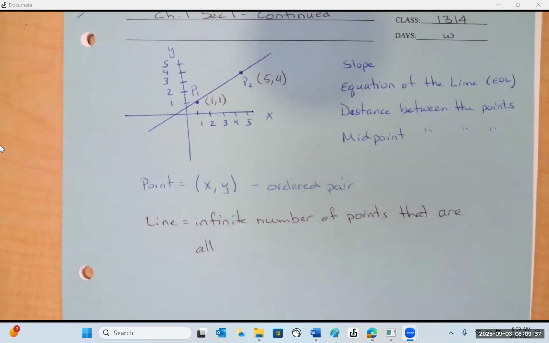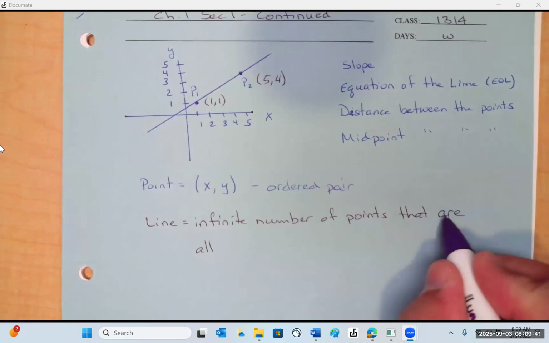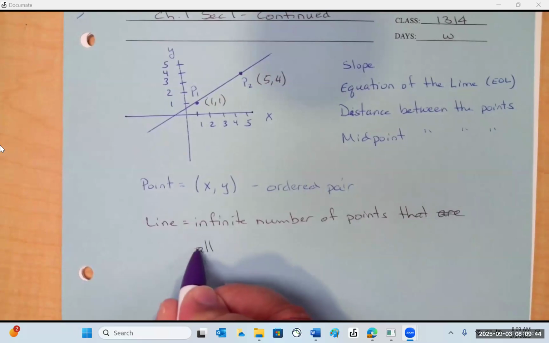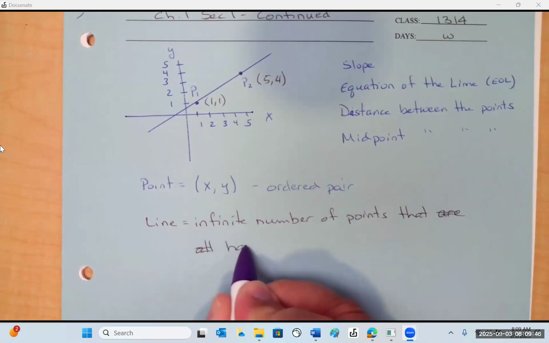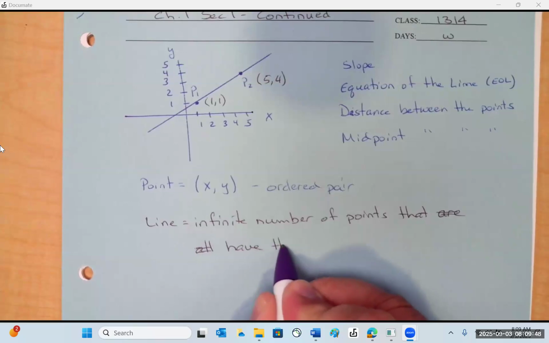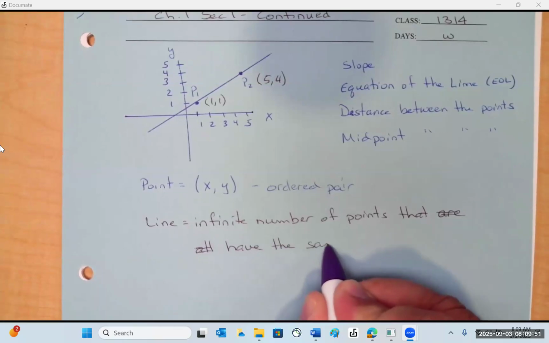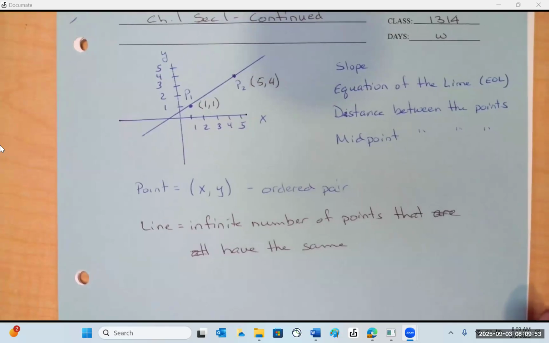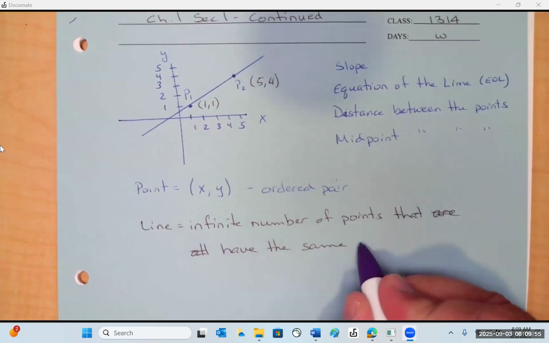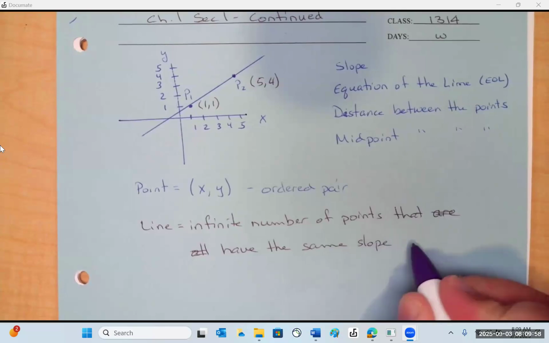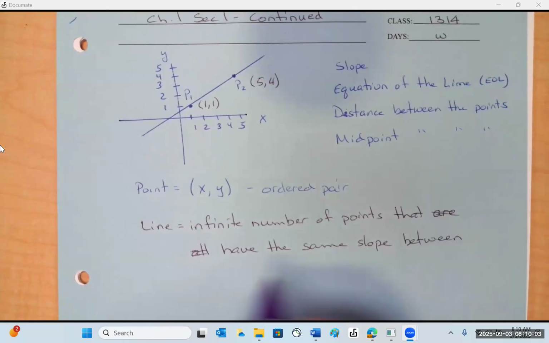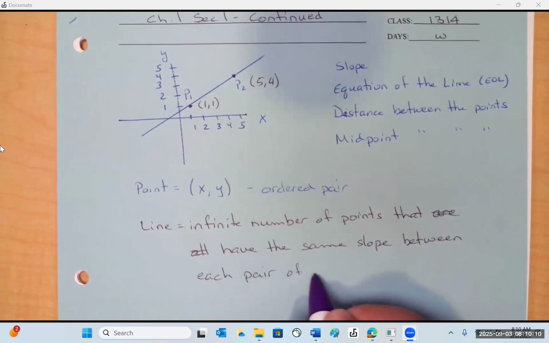Or that have the same what? They have the same slope between each pair of points.